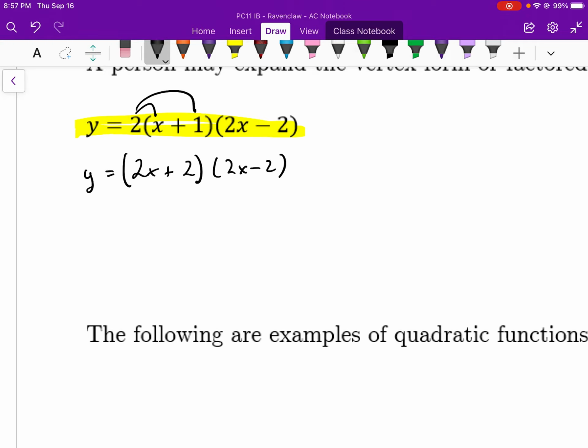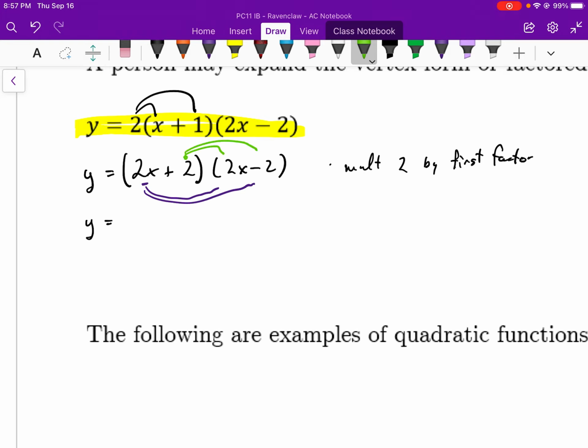So I would say multiply 2 by the first factor. Now I'm going to continue my multiplication. So I see it's a binomial times a binomial. Each term of the first binomial needs to be multiplied to each term of the second binomial.